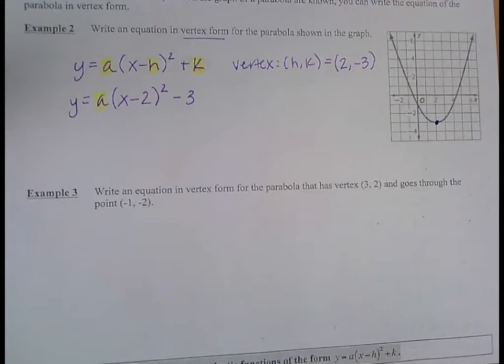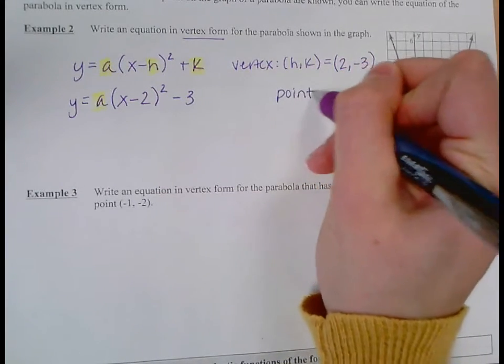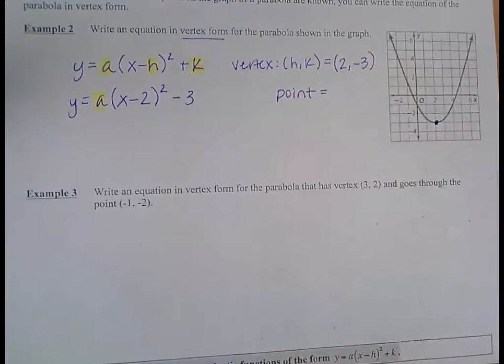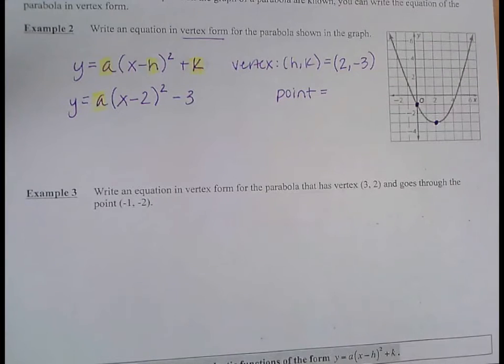It's not the value where it crosses, but you can use that point. So to find A, you need one other point on your graph. Either if you're given a graph, you just find another point, or you might be given the coordinates of another point. And Allie pointed out we can see where the graph crosses the y-axis.